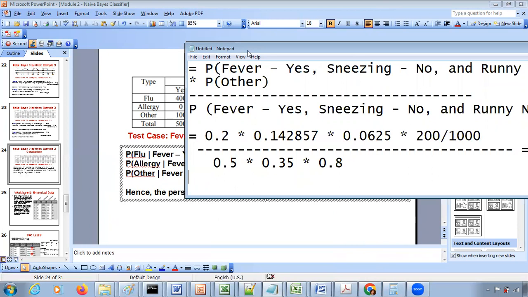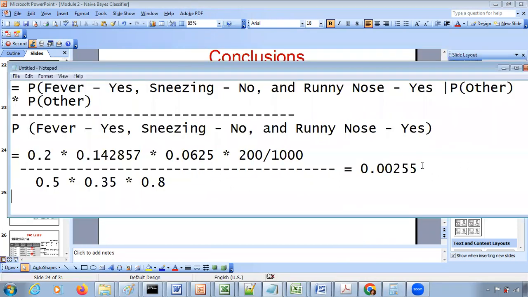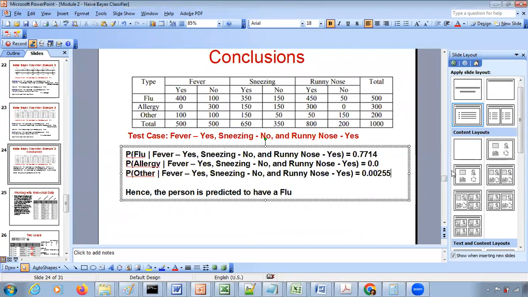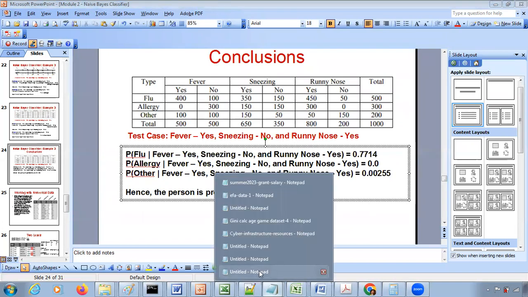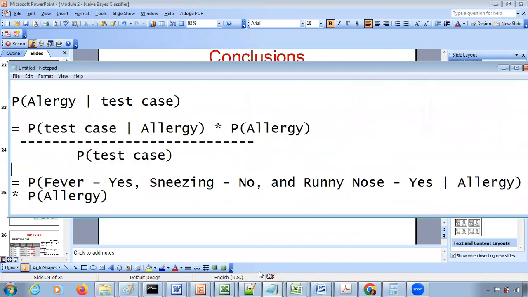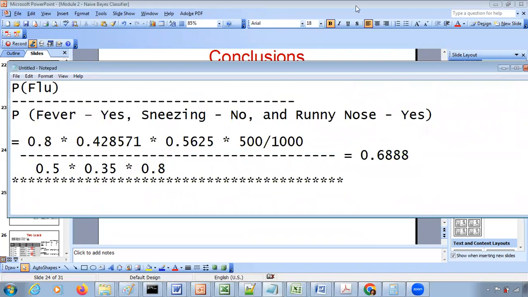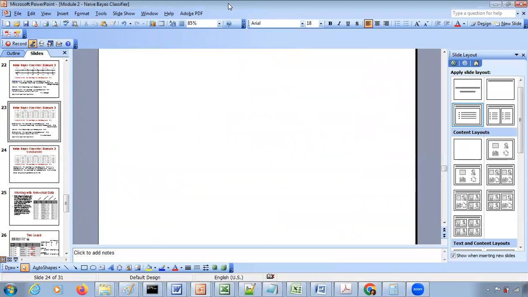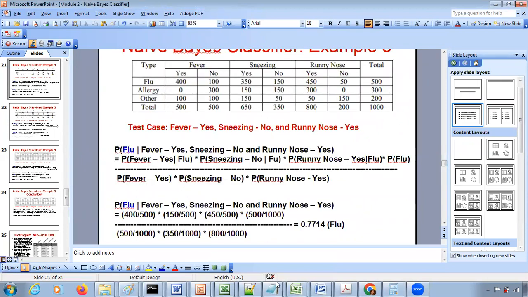So this is the right math that we did today. And 0.00255 is very small compared to what we got for flu. What we got for flu is 0.6888. Let me go back and see here. Fever as yes for flu is 400 over 500. Sneezing as no for flu is 150 over 350.